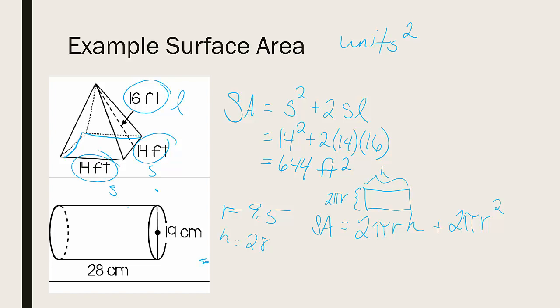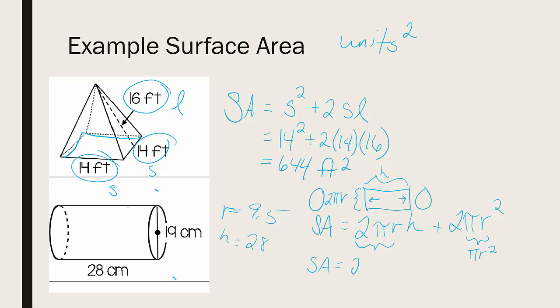So this piece right here and right here are the circumference of a circle. That is why we have the 2 pi r. And then when we cut the cylinder, we have two circles at the top and the bottom, and that's why we have 2 pi r squared, the area of a circle. So we have two of them. That's why the formula is like what it is.